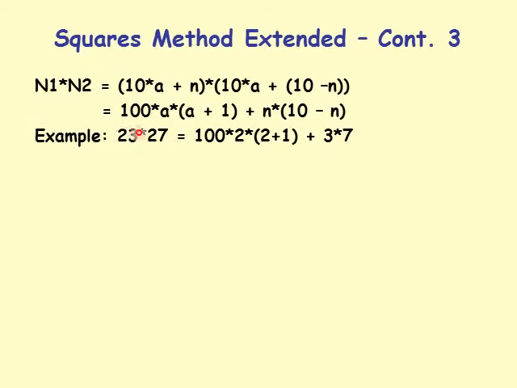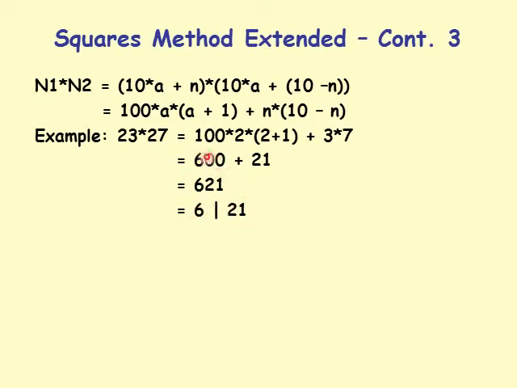This was a, this is n, and this is 10 minus n. So 100 times 2 times 2 plus 1, plus n, which is 3, times 10 minus n, which is 7: 3 times 7. Okay, so we get 600 plus 21, which is 621, that is 6 on the left and 21 on the right.